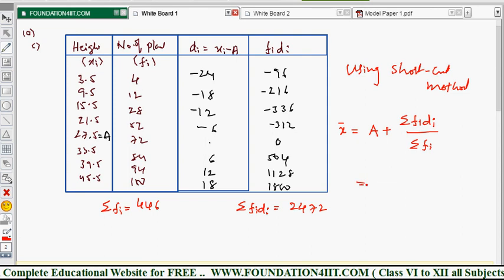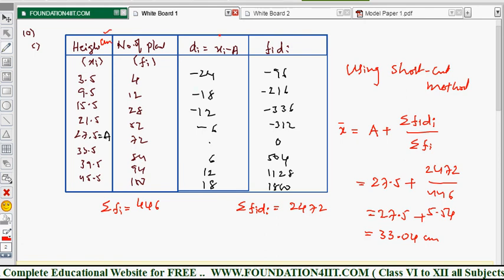The assumed mean is 27.5 plus 2472 divided by 446. If you do this division you get 5.54, and adding this to 27.5 gives 33.04 centimeters. Height is in centimeters, that's why the mean also will be in centimeters.